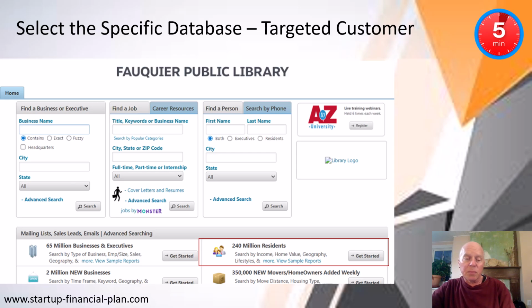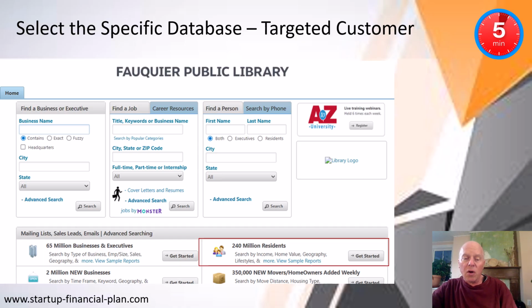I'm not business to business. If I were business to business, I might go after the 65 million businesses and executives in the database. If I'm going after new businesses, there's about 2 million new businesses started. So if you're trying to pitch people who start, like I need someone in need of bookkeeping for a new business, that would be your lead generation population that you would start to go after.